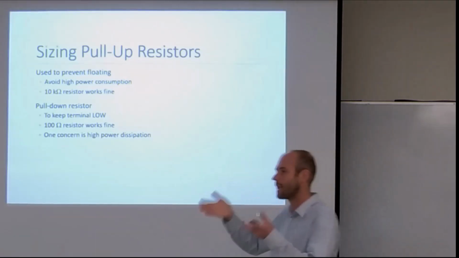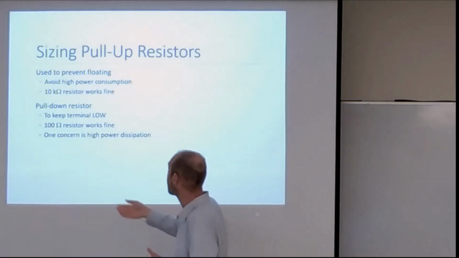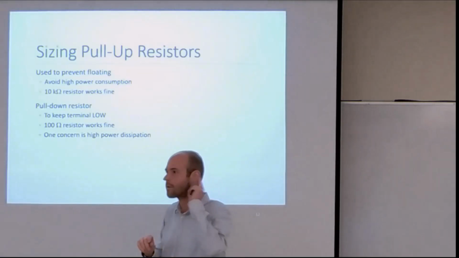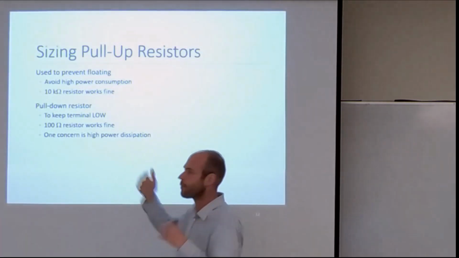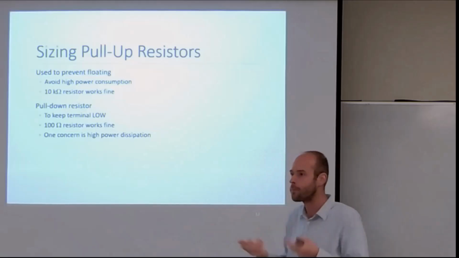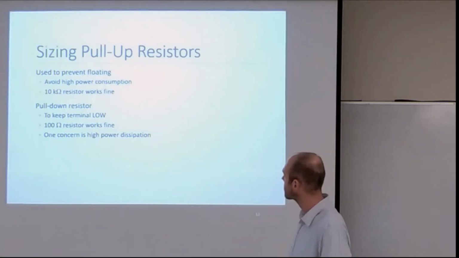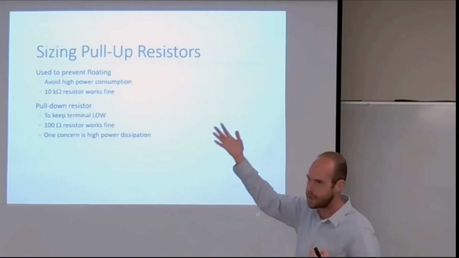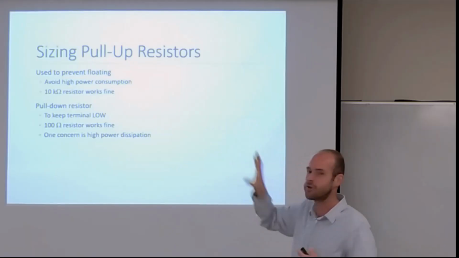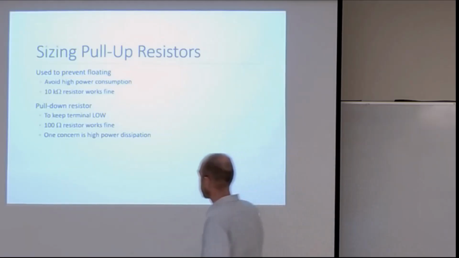If we have open collector style devices, pull-up resistors can allow us to go from one voltage level to another by using a pull-up resistor along with an open collector style device, which is a device that is either grounded or floating, and then we can adjust the floating side with the pull-up resistor.